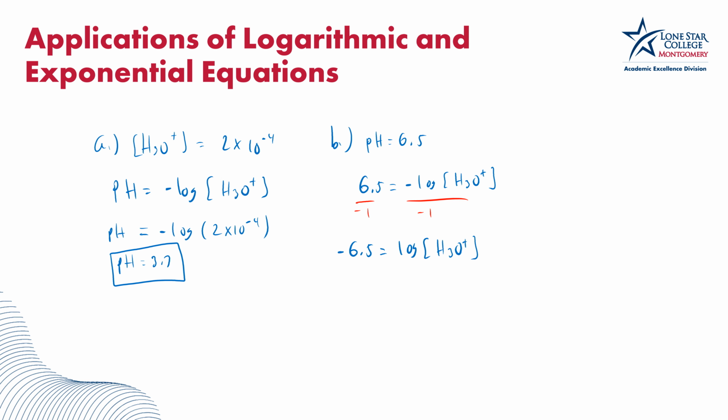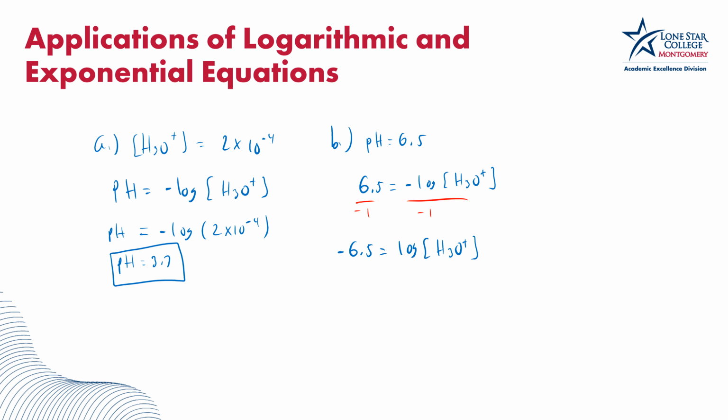Now, to get log of H3O plus by itself, we need to get rid of our log. So we have to identify what the base of our log is. As stated before, if we don't see the base of the log, we know it's going to be base 10. So then you apply the inverse property of logs in order to get rid of our log.